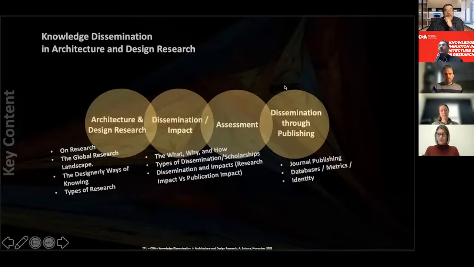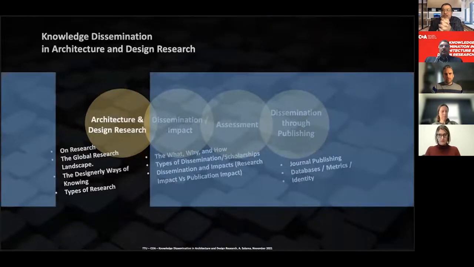The third part is about dissemination through publishing, and I will be focusing on journal publishing and some of the associated metrics for individual researchers, journals, or outputs. I believe the three components combined would respond to many of the issues on the map of current interests in architecture and urban design research in academia, as well as some of the points raised by colleagues in the form of questions.